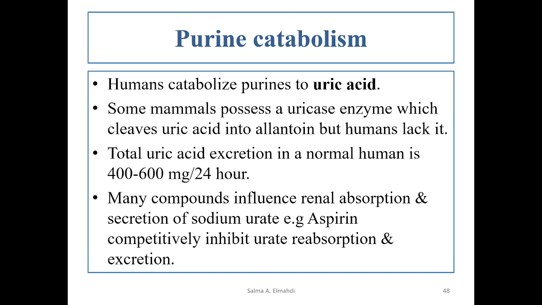The body needs to maintain uric acid within the normal range, both in serum and in urine. Why in serum? Because if the concentration exceeds the normal, it will have a tendency to precipitate in tissues. Many compounds influence renal reabsorption and secretion of sodium urate, the salt of uric acid. For example, aspirin competitively inhibits urate reabsorption and excretion.